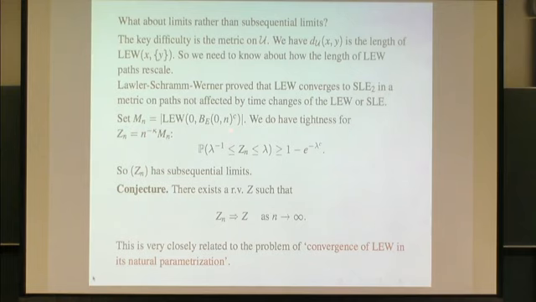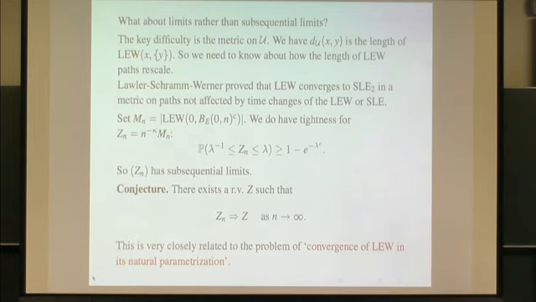Then we'd have tightness for the rescaled random variables Mn. In other words, that gives us subsequential limits of these rescaled lengths Zn. So we can conjecture that actually, as n goes to infinity, the random variables Zn converge in distribution to this random variable Z.